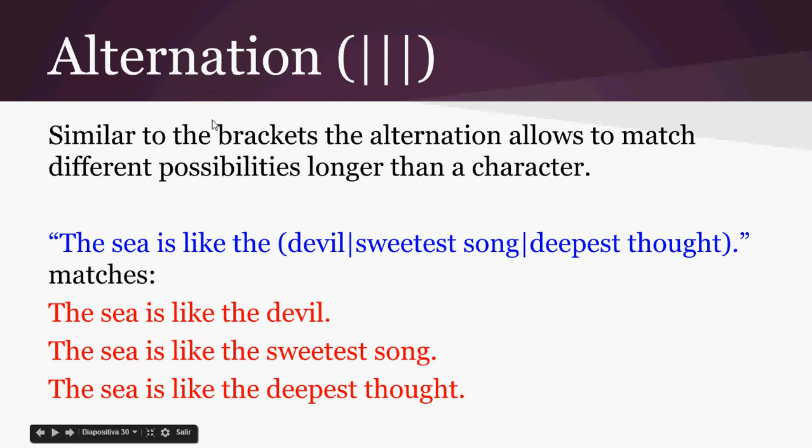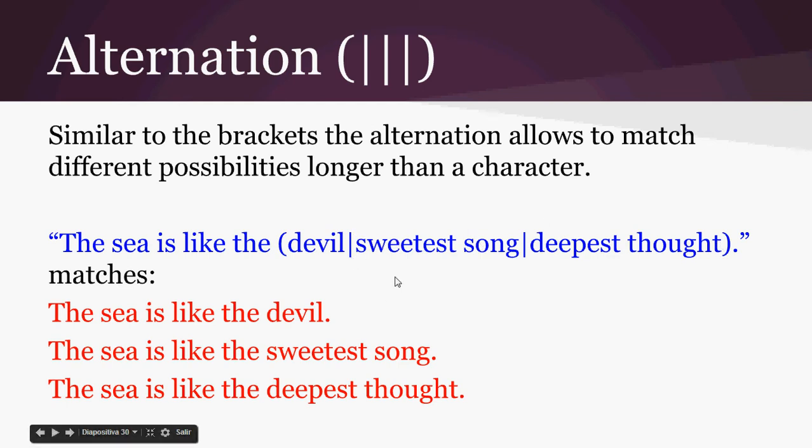And finally, the alternation is something very similar to the brackets. But instead of brackets, you have parentheses, and it shows different possibilities for something that is longer than a character. What I mean by that? Take a look at the expression. We have "the sea is like the", and in parentheses we have three different possibilities: devil, sweetest song, and deepest thought. They are separated by this vertical line.